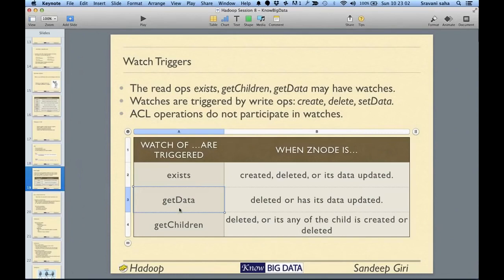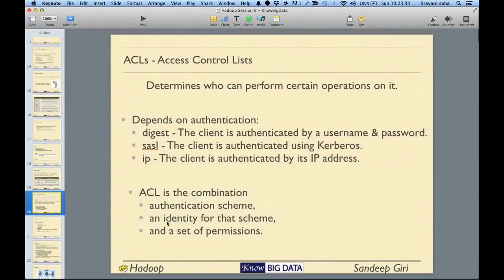The watches of get data get triggered when the node is deleted or has its data updated. For get children, like ls slash we did, the watches will be triggered when the node for which we did get children is deleted, or if any of the children is created or deleted.